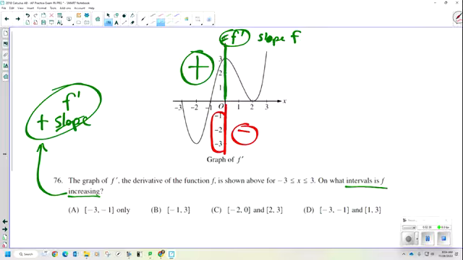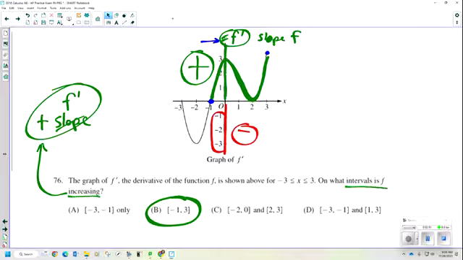So we're basically trying to figure out where the graph of f prime is above the x-axis. Well, from -1 all the way to 3. These are all positive values. From -1 to 3. Ta-da.